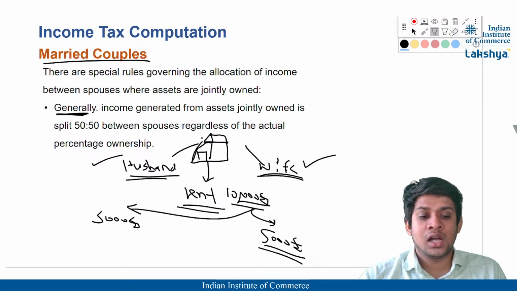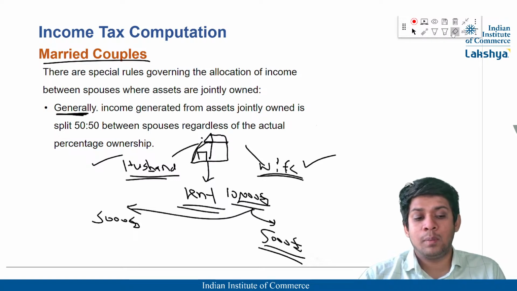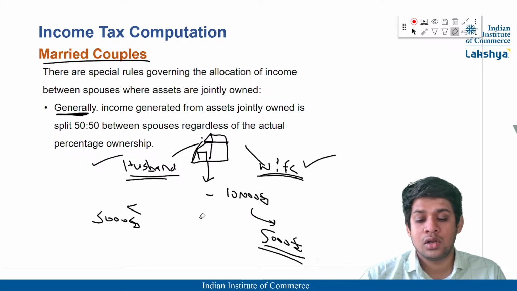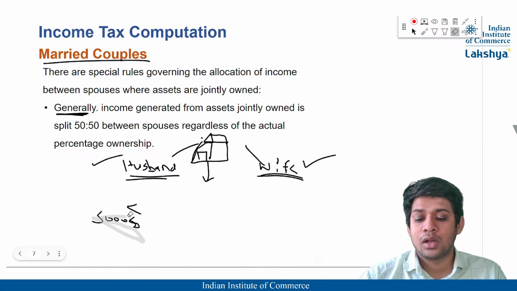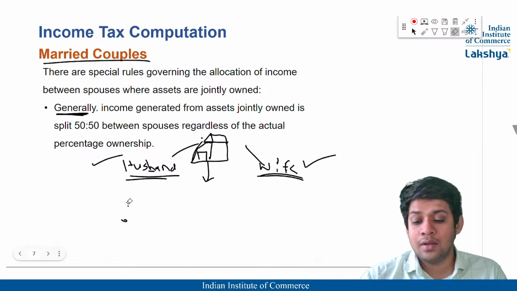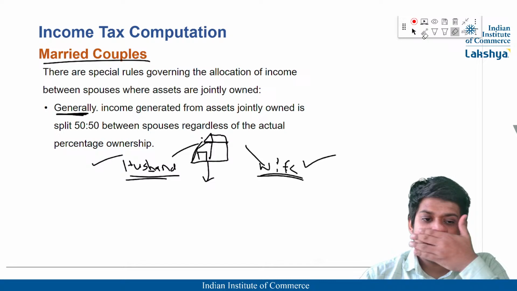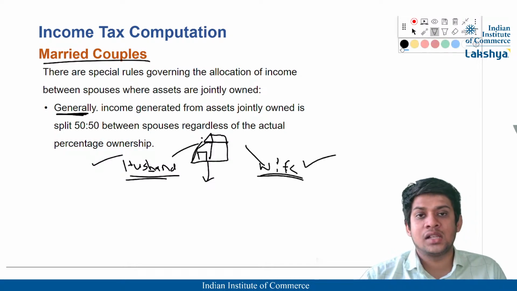And in case the husband says that, I own maybe not 50%, I own 70% of this house. Okay. Or maybe the wife says that I own 70% of this house. So technically, guys, making it simple, if there is no election made, then the income will be distributed 50-50 and assessable 50-50 for the husband and for the wife.